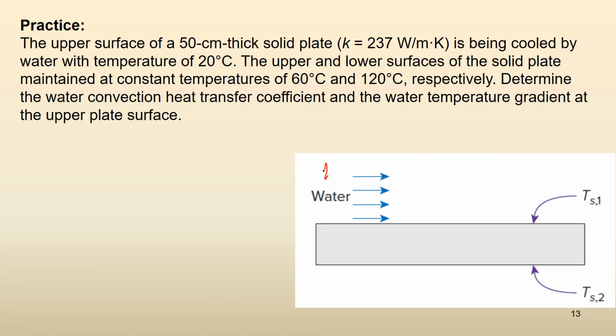The upper and lower surfaces of the solid plate are maintained at constant temperatures of 60 and 120. What is the water convection heat transfer coefficient and the water temperature gradient at the upper plate surface?